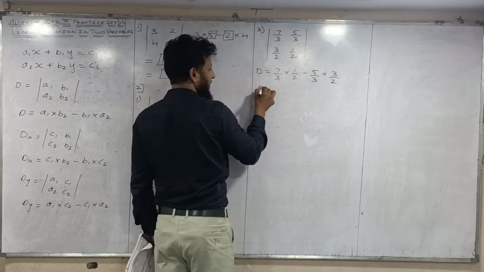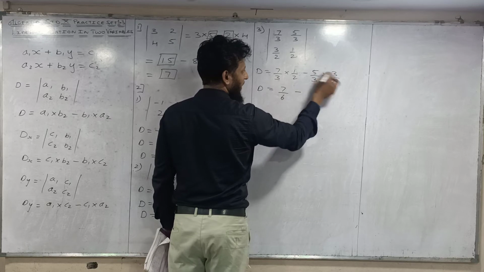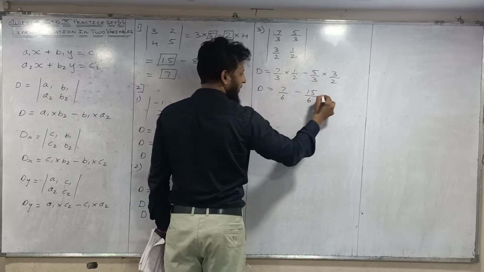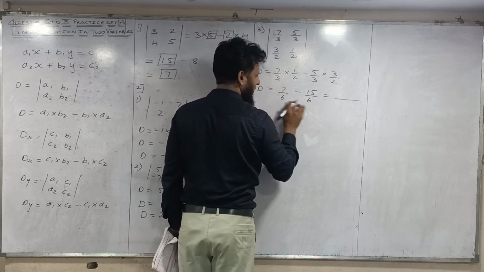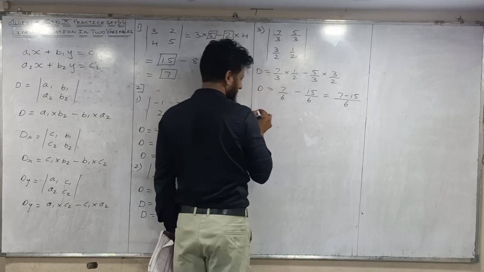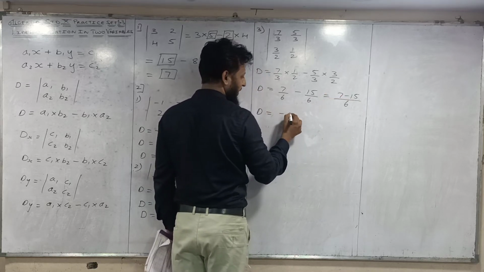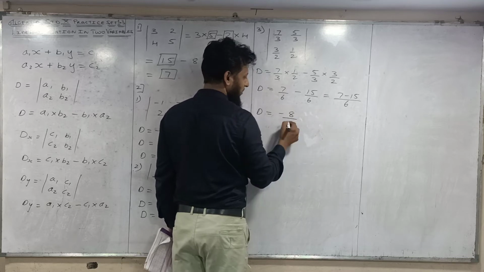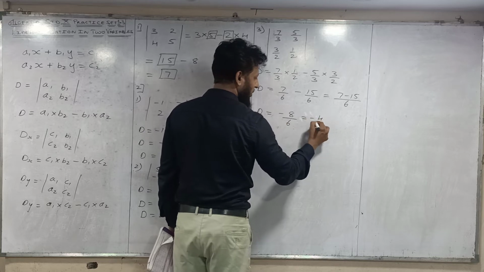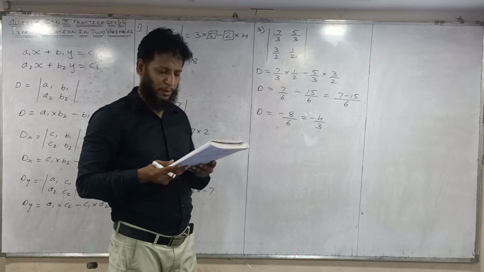D is equal to 7 over 6 minus 15 over 6. The denominators are the same, so 7 minus 15 gives minus 8 upon 6. Now cancel: 2 fours are 8, 2 threes are 6. So your determinant D is minus 4 upon 3.